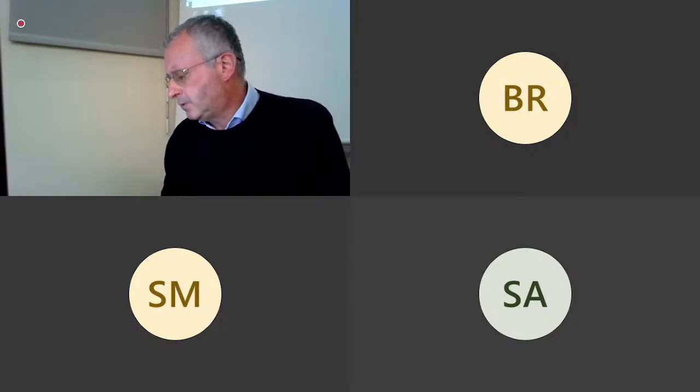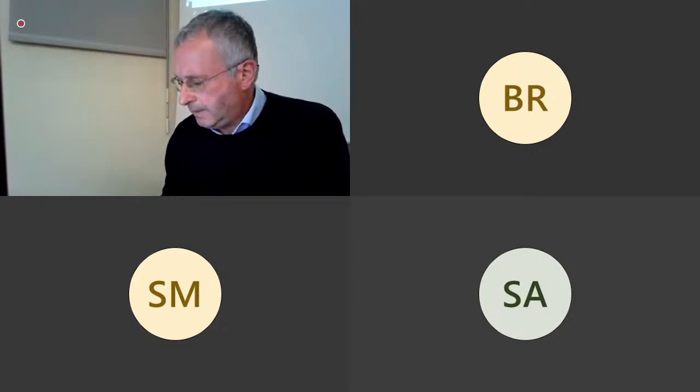Let me use this one so you don't get confused, okay? 100 divided by 10 plus 0.5 t squared.